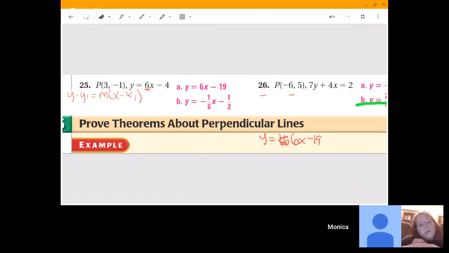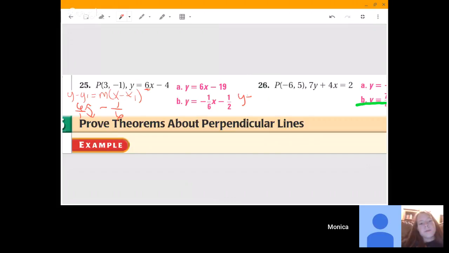Now, for a perpendicular line, you need a slope that's the opposite reciprocal. So if my slope is 6 over 1, the opposite reciprocal is going to be negative 1 over 6. So I'm going to do the same thing again.